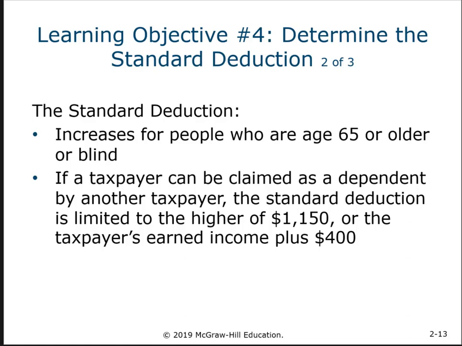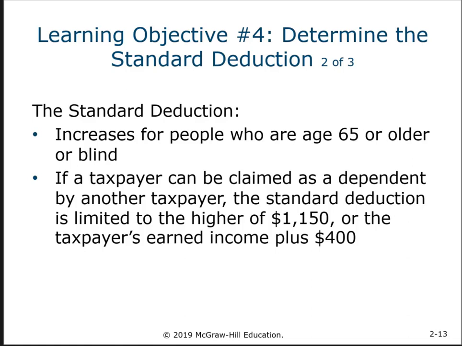Also, there is a modification to the standard deduction if the taxpayer can be claimed as a dependent. So here it goes back to the idea of what it means to be a dependent, if you are a dependent of another taxpayer. First of all, the only people that file together are married couples.